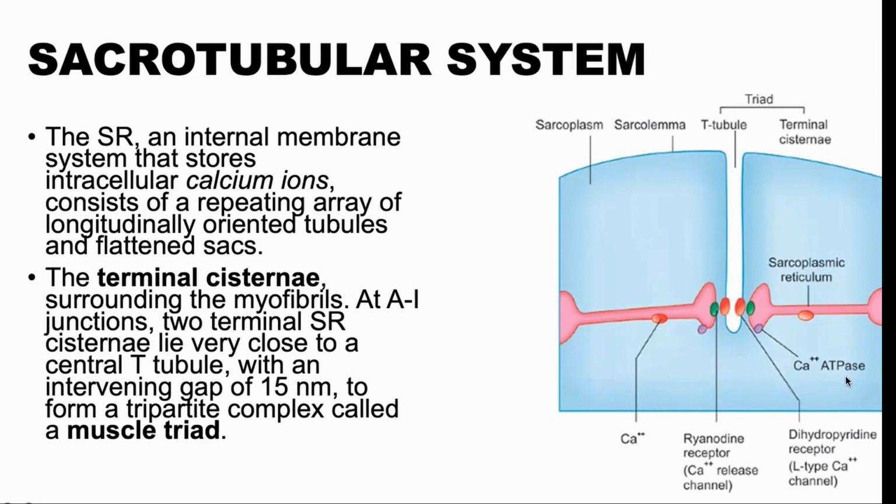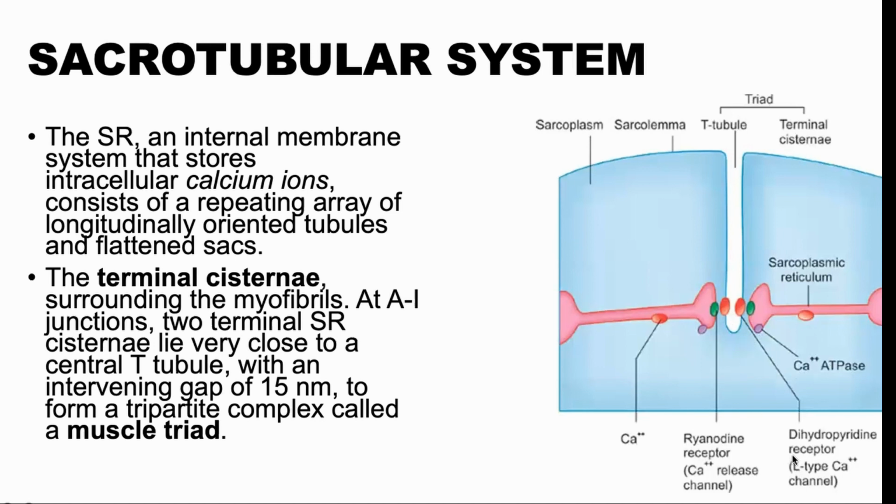If you look at the diagram here, this is a better way of understanding the sarcotubular system. This is the membrane, the sarcolemma, the cytoplasm, and similar to regular cells, the endoplasmic reticulum, the sarcoplasmic reticulum in this case, functions to house the calcium that is going to be used for contraction.